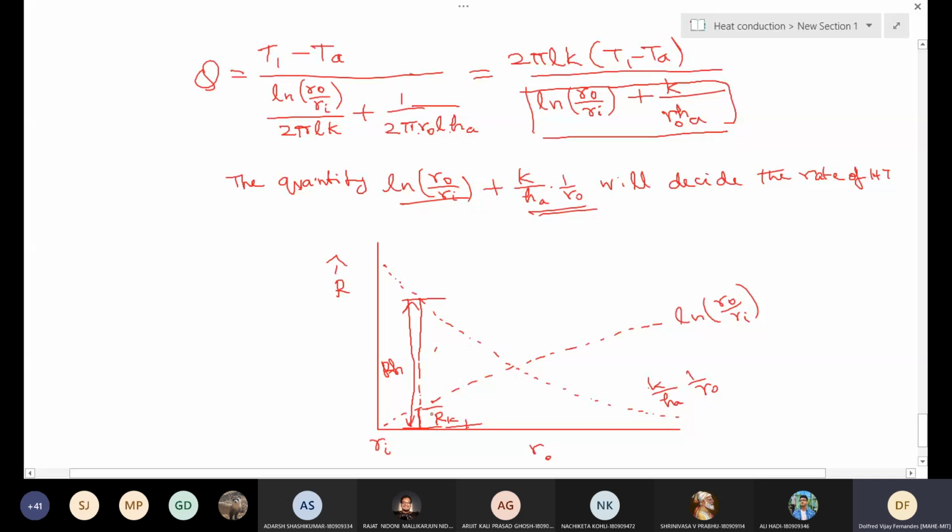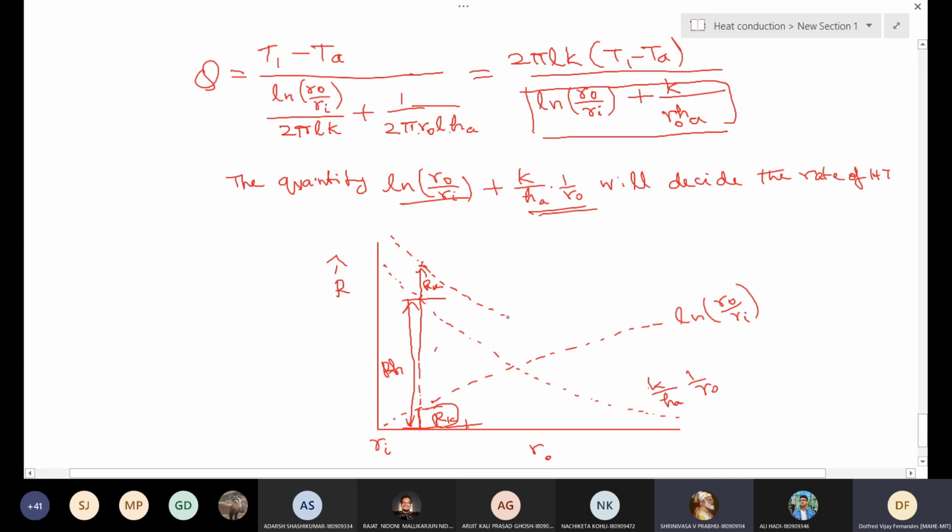If you sum these two, I have to add this RK here, then I will get that point. So I am adding the two curves to get the total.